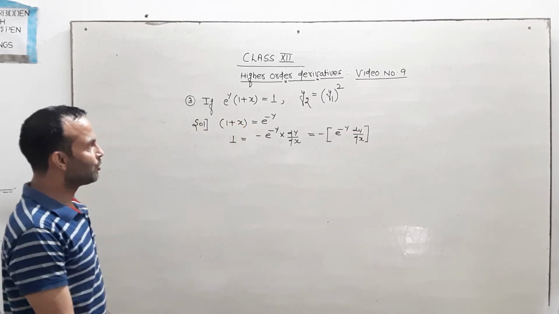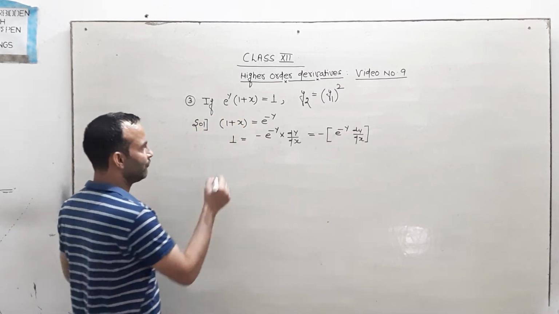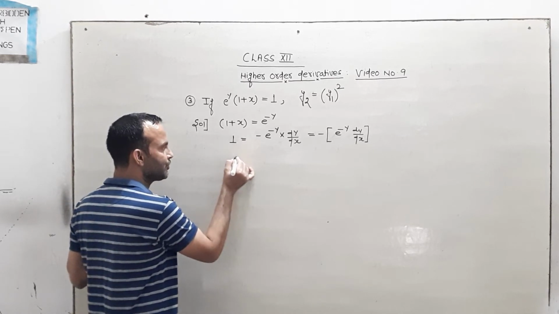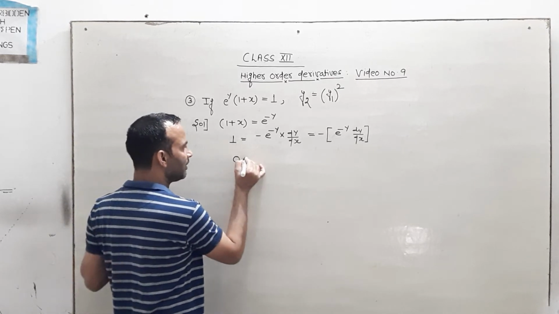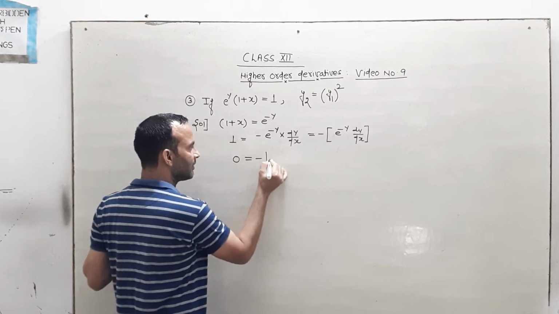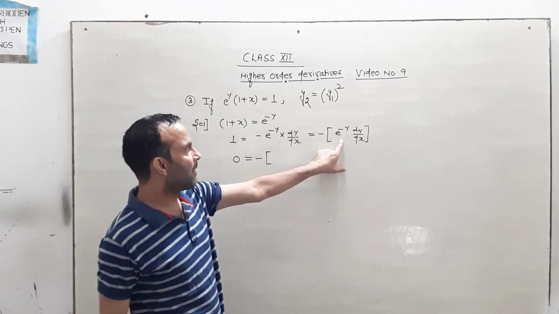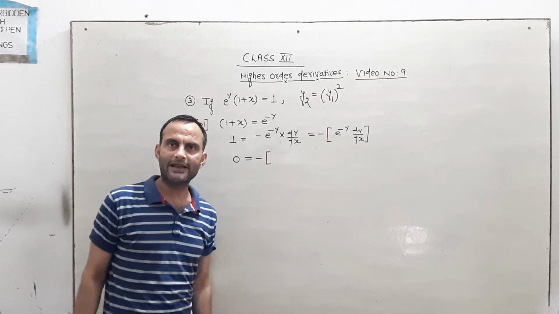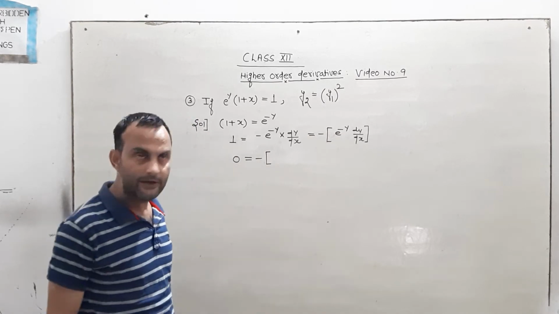Now differentiating both sides again with respect to x, we obtain what? Here the differential becomes 0 because 1 is constant, minus e raised to the power minus y multiplied with dy over dx, so we have to apply the product rule here.